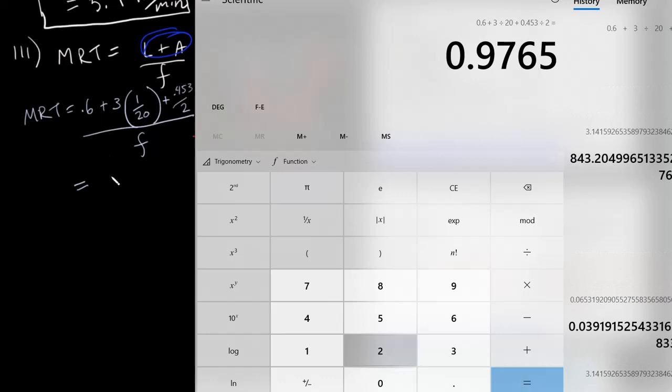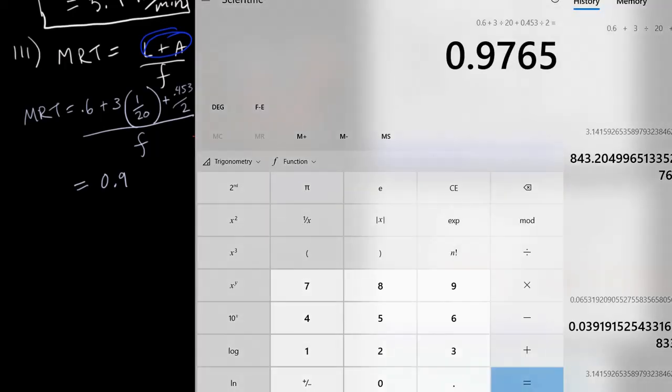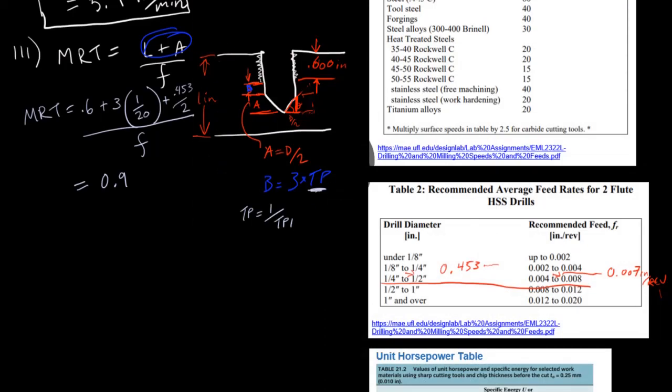Okay, so the top is 0.9765, and our feed rate was 5.9.